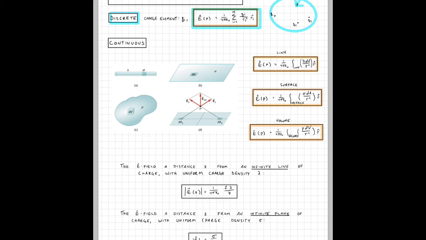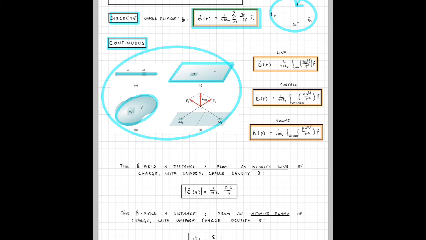Now, if I have a continuous charge distribution, right, so my source charges are distributed in a continuous manner, we have 3 ways that this can happen: along a line, along a surface, or throughout some volume. If I have those distributions, the expression to calculate the electric field at a point P changes slightly.